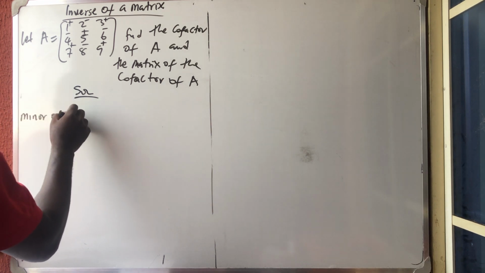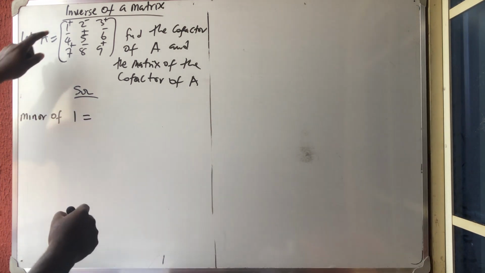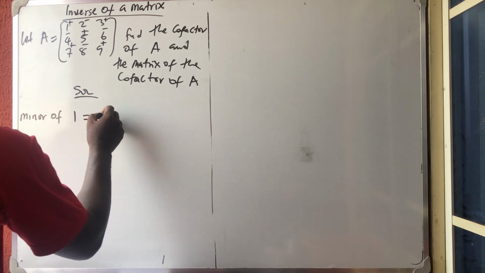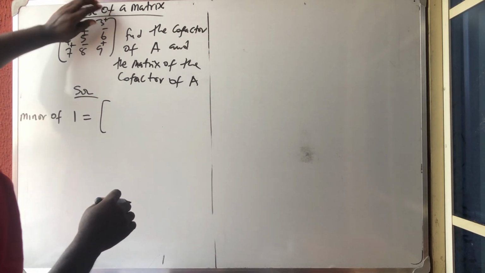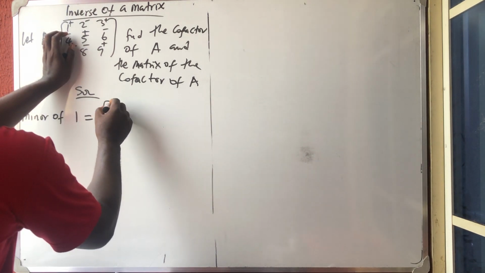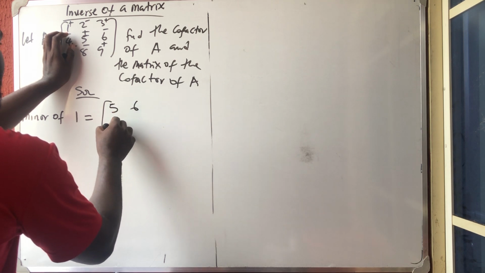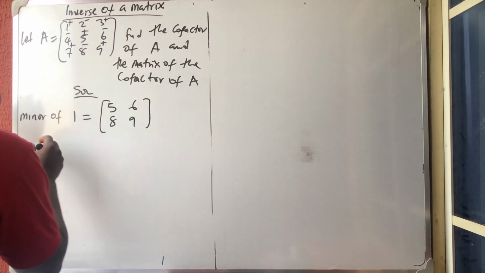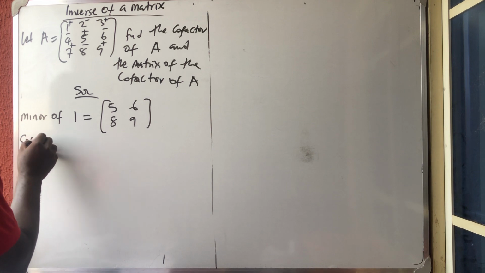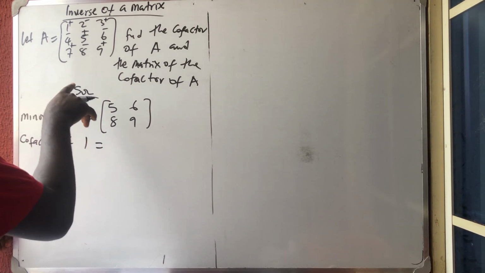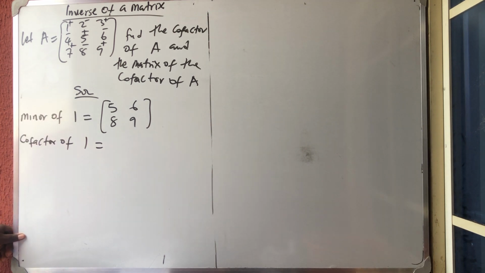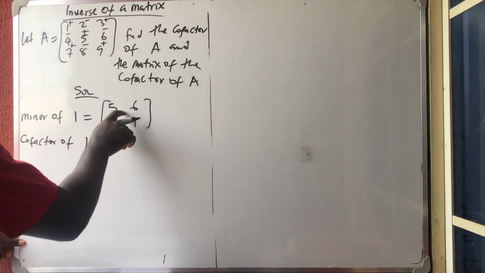Minor of 1. Minor of 1 is what? Don't forget, close the row and column of 1. I'm left with 5, 6, 8, and 9. Then the cofactor of 1 is simply the determinant of this minor.